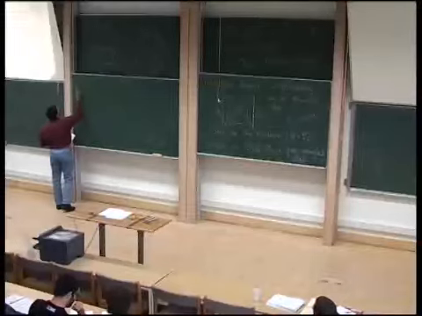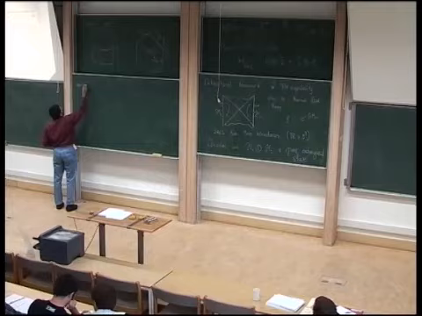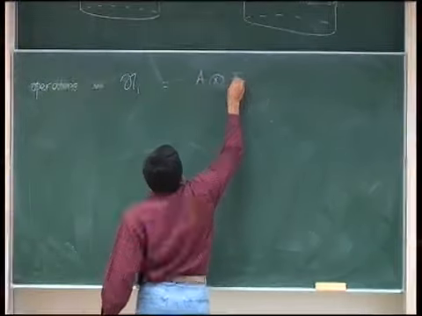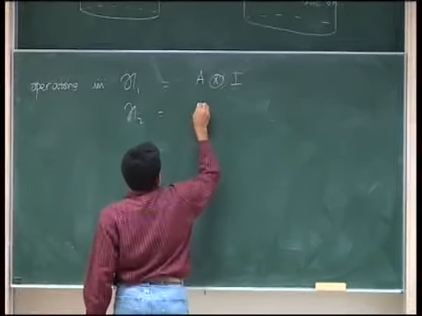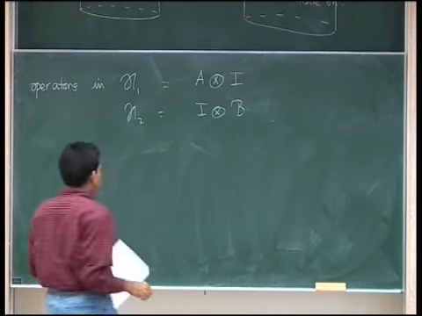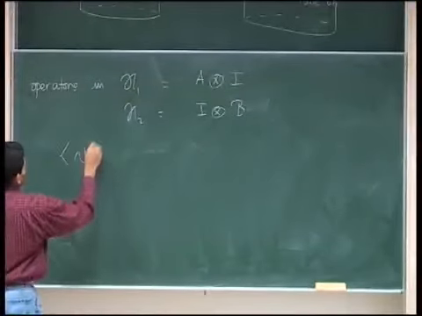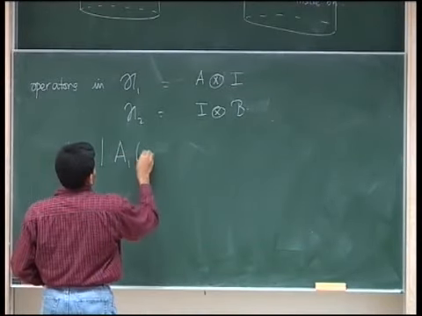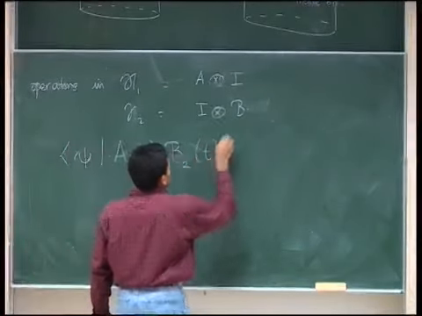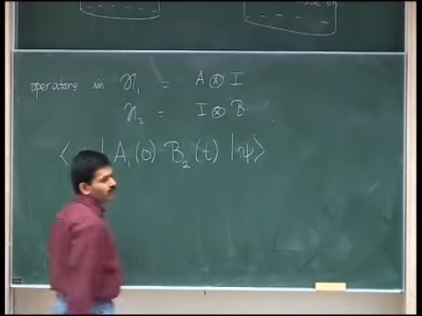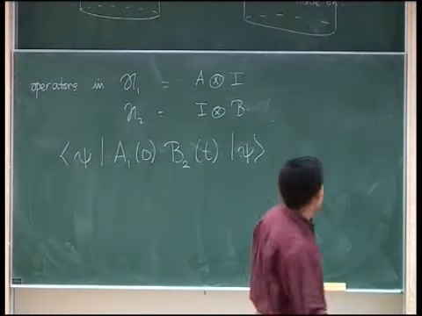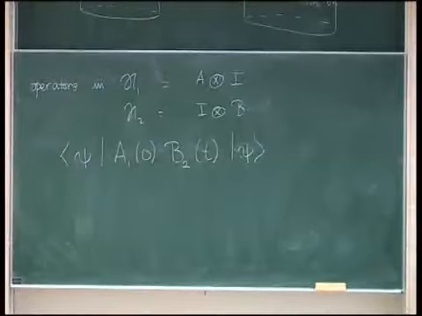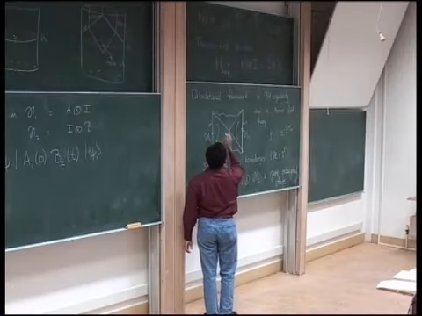So the operators I have at my hand are the ones in the first Hilbert space or in the second Hilbert space, and I could compute, in the state psi that I picked, this very particular state which has a name, a correlation function where one operator is inserted in Hilbert space H1, and another operator is inserted in Hilbert space H2.